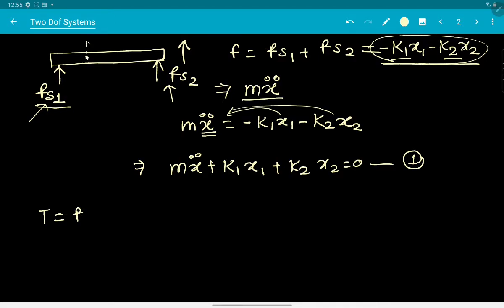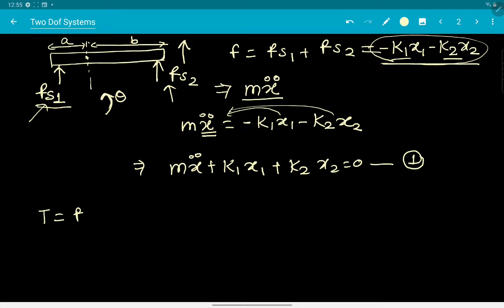Let me first say that this distance is a and this distance is b. We are considering theta positive always in this direction, which is the anti-clockwise direction.